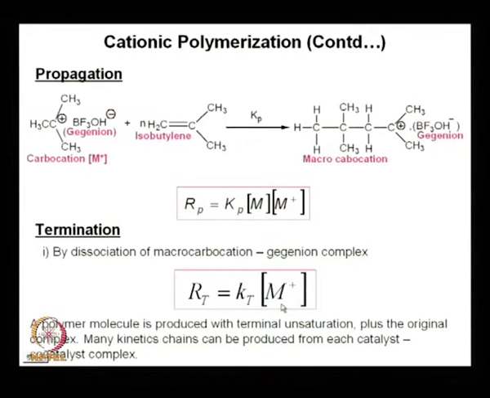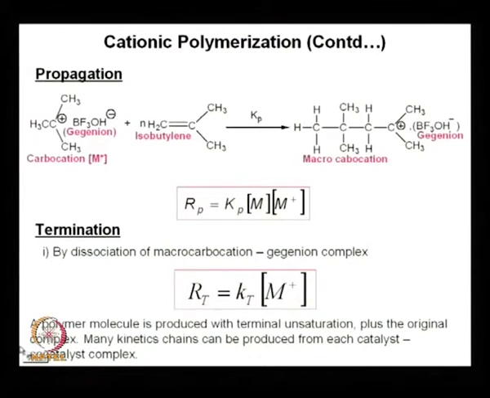So, if some proton is removed from a carbon atom attached to this carbocation carbon, then there will be a negative center. That negative and positive center will form a double bond, and that end of the polymer chain will be unsaturated. So, a polymer molecule is produced with terminal unsaturation plus the original complex.